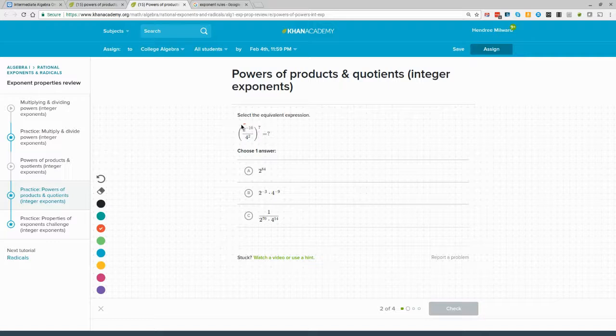So I'm going to just raise this to the 7th and this to the 7th. And again, each of these things have exponents, so I'm really raising an exponent to another exponent. So we'll have to use the power to a power rule. 2 to the negative 10th to the 7th power is really 2 to the negative 70th. I multiply those two exponents together.